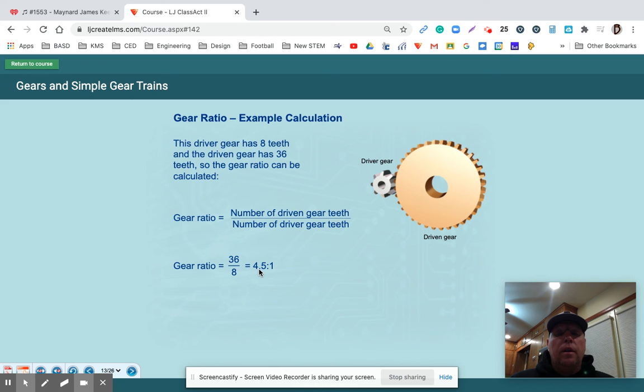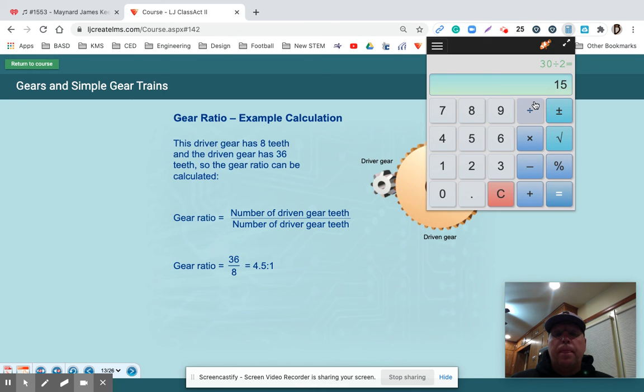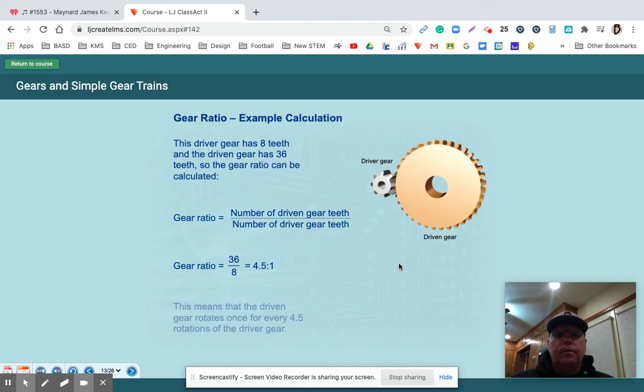This is going to be 4.5 to 1. 36 divided by 8 equals 4.5 to 1. That means that the driven gear rotates once for every 4.5 rotations of the driver gear.